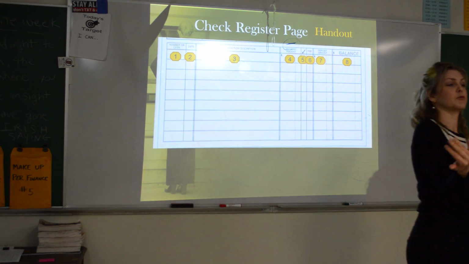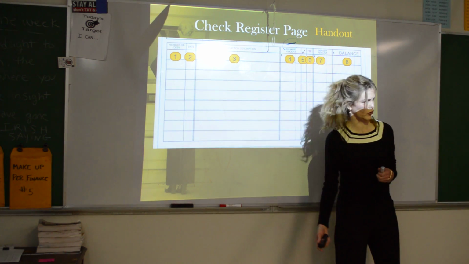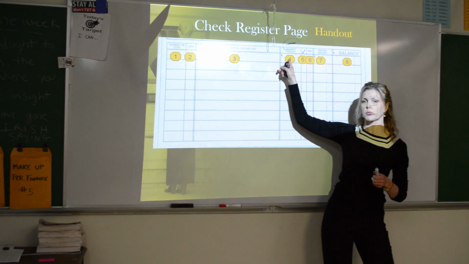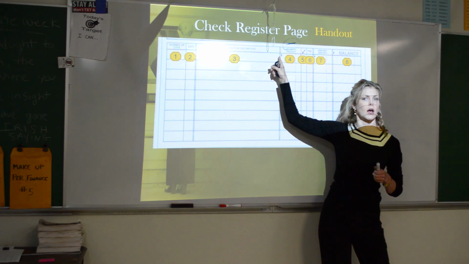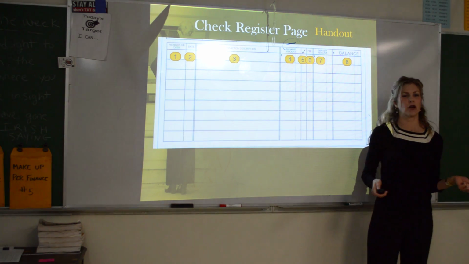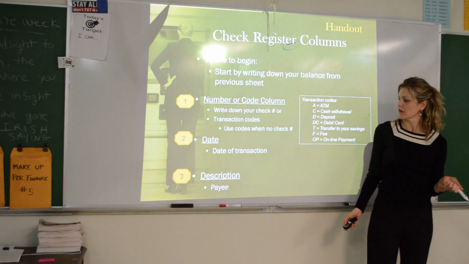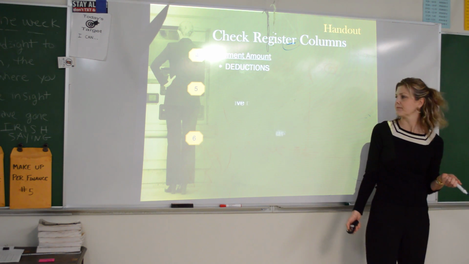Indicating that these are subtractions from your account or money going out of your account, okay? So right above column number 4, I suggest that you put a little minus sign, just as a reminder that this is money going out, okay? So this is any money leaving your account, all right?